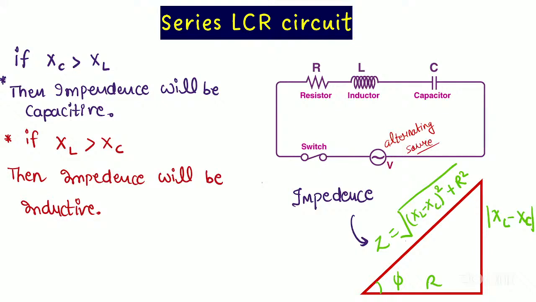In this circuit, we will have an impedance in place of the resistor, which is denoted by Z, and Z is nothing but R plus XL plus XC, which means Z is the combined resistance offered by this series LCR circuit, okay?